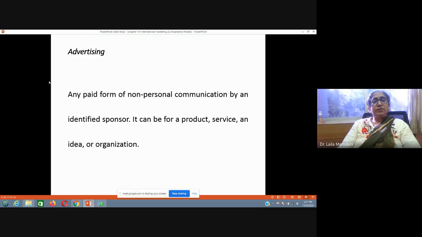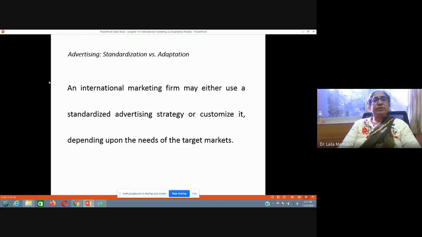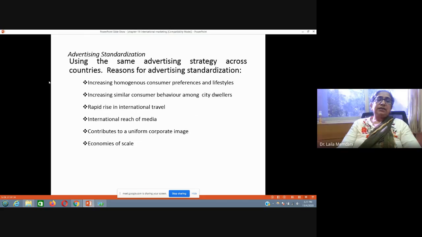All of you know what is advertising. Advertising also can be standardized versus adapted to different countries, as we have product standardization and adaptation, depending on the needs of the target markets.